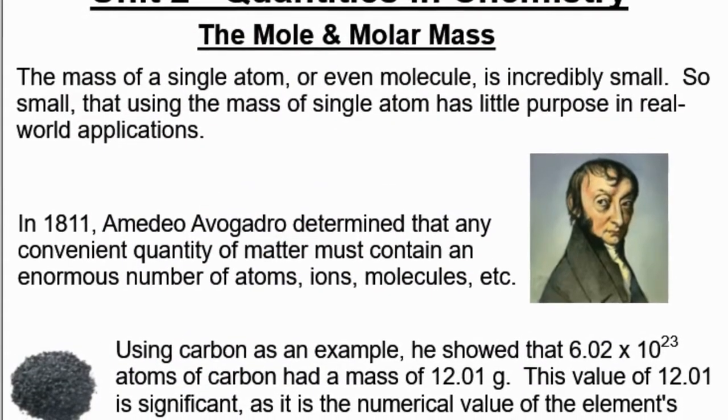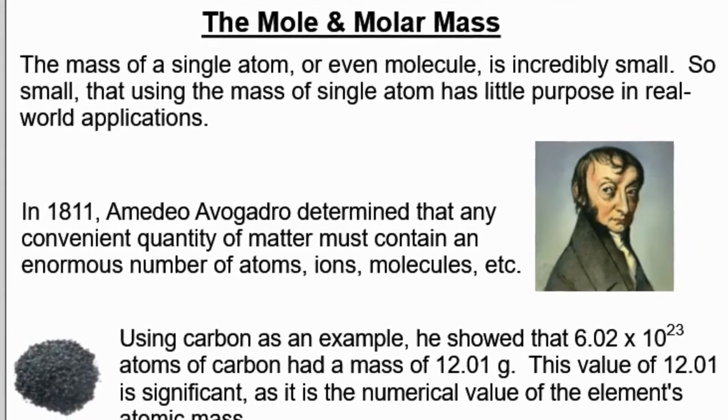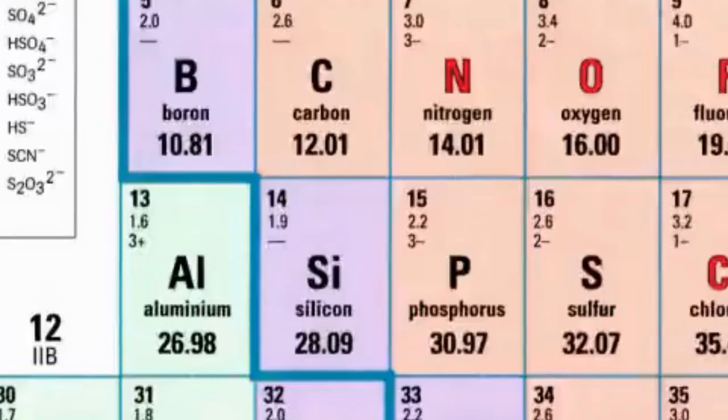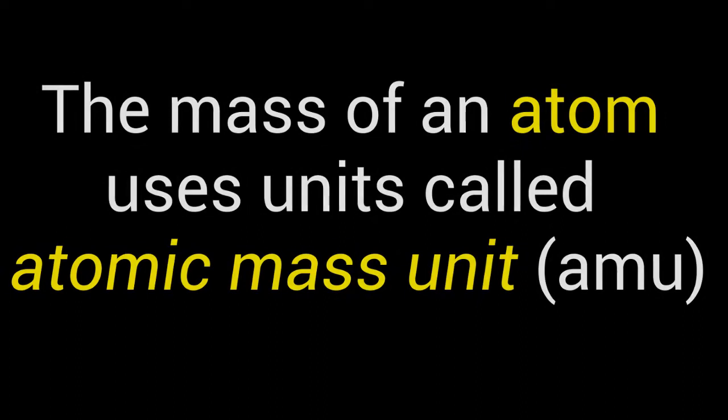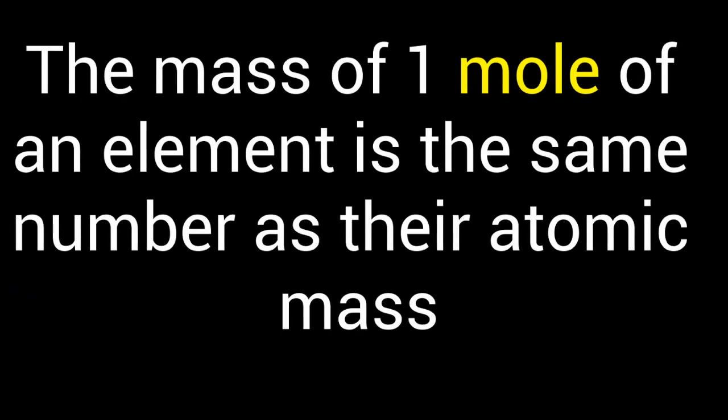When you have 1 mole of an element, the mass is equal to the number that you see on the periodic table. In grade 9, you learned that the numbers on the periodic table represented the mass of the atoms expressed in atomic mass units. Now we are using those same numbers to calculate the mass of 1 mole of any element.